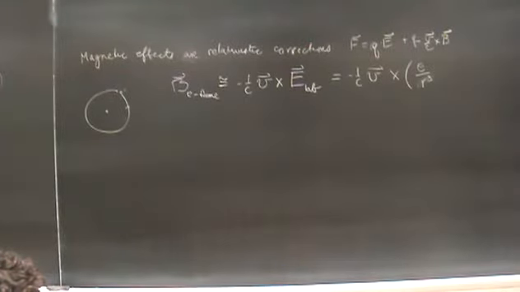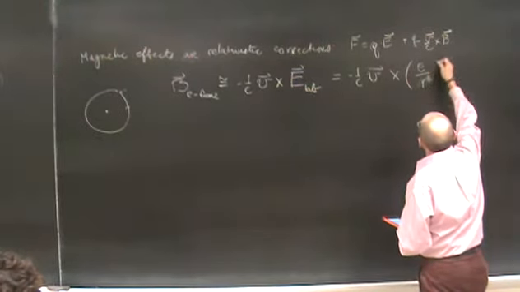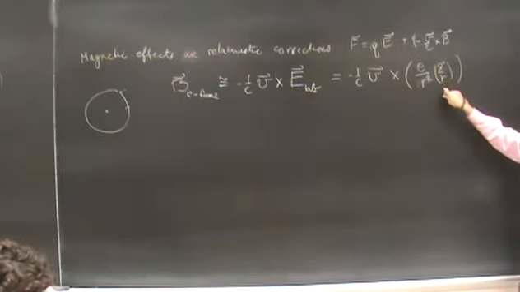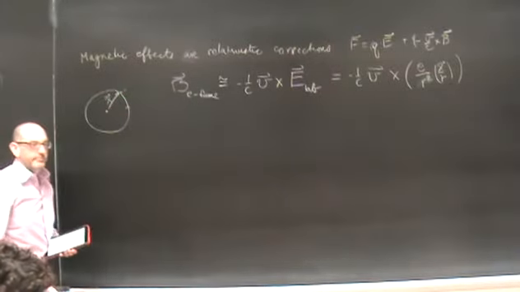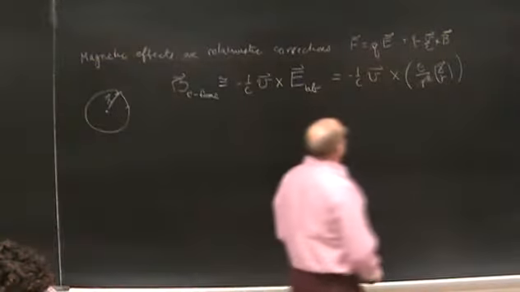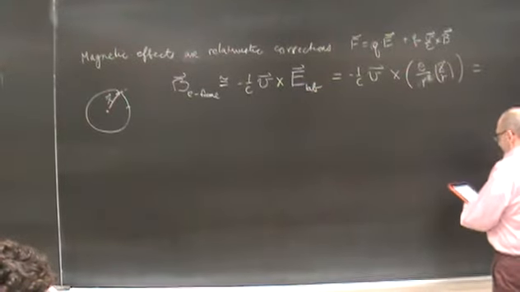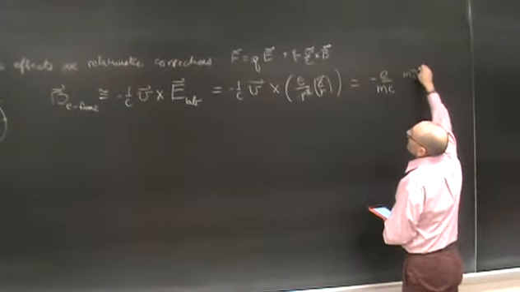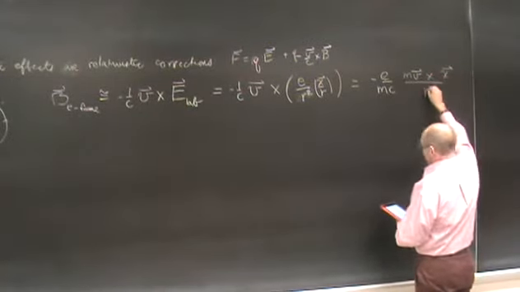All right, so what was it saying? This is in the direction R squared, right? That's the electric field. If this distance is the vector x, then this is equal to minus E over mc times mv crossed into x, divided by r cubed.